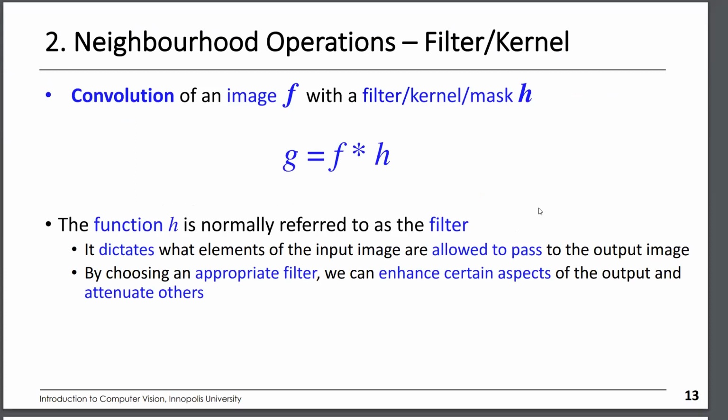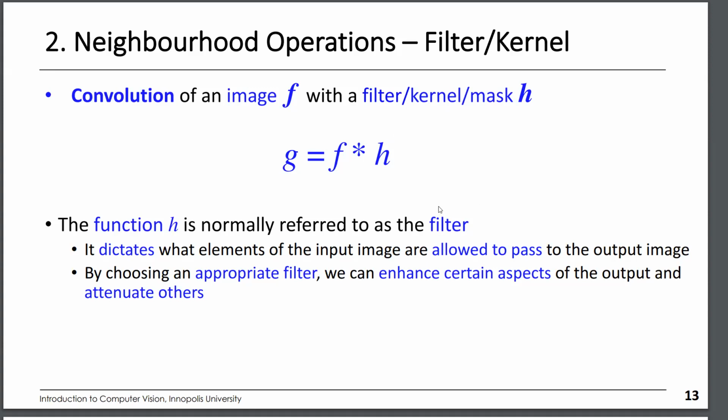So let's say, for example, the convolutional operation of an image F with a kernel or a filter or a mask. Depending on the situation you are working with, for example, in neural networks, we use the word kernel and filter. Mask, we also use in preprocessing. So let's call this H, right? So this is the convolutional operation. The function H is normally referred to as the filter.